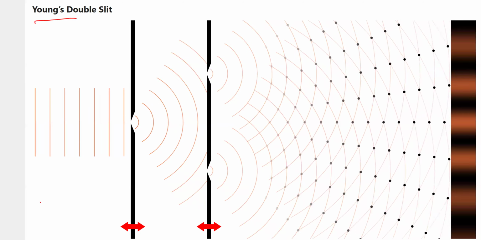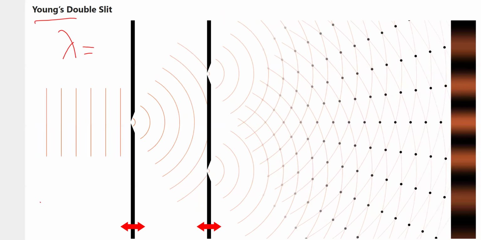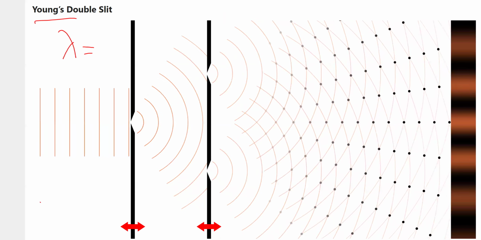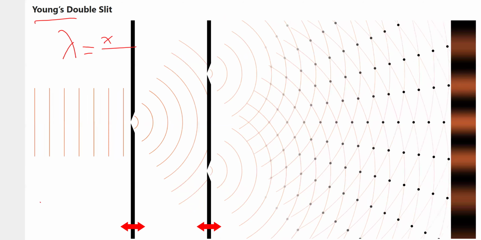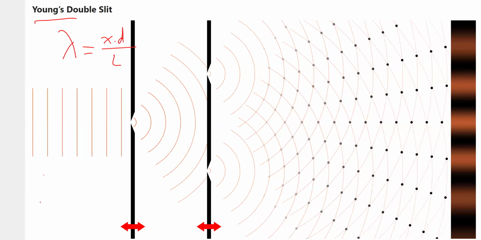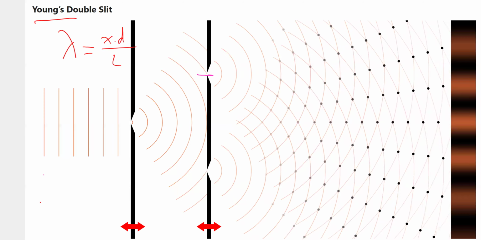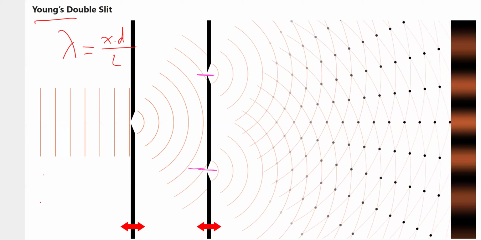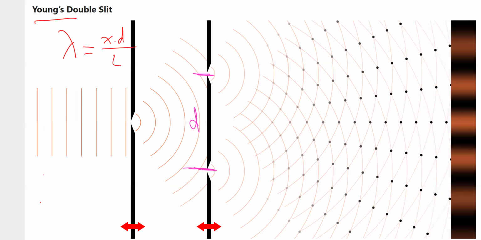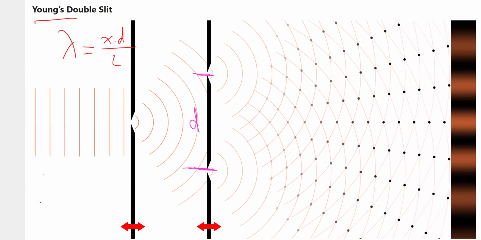Now based on this experiment, Young created a formula. What is this formula? He said the wavelength of this light equals x times d over L. What is x and what is d? The distance between these two slits, between this hole and this hole, is called d.